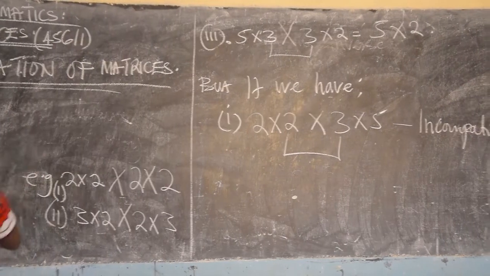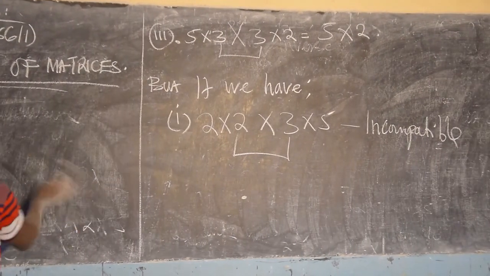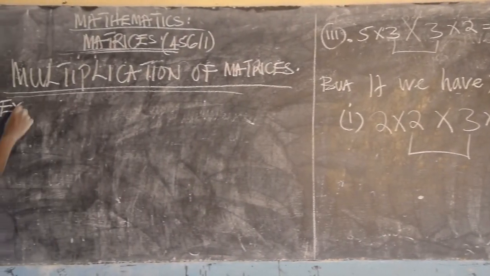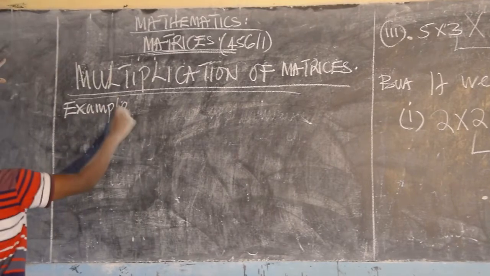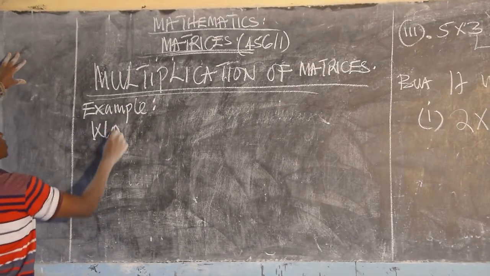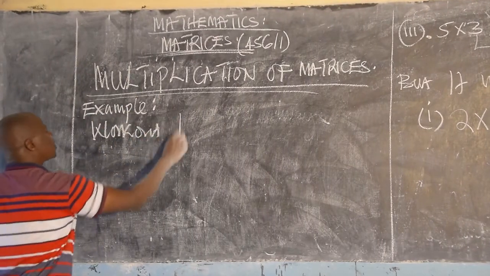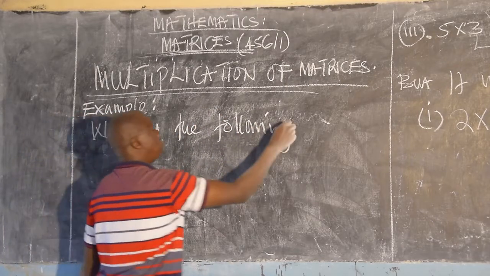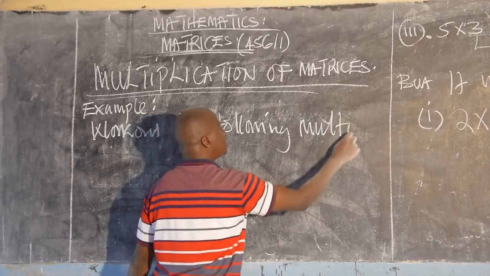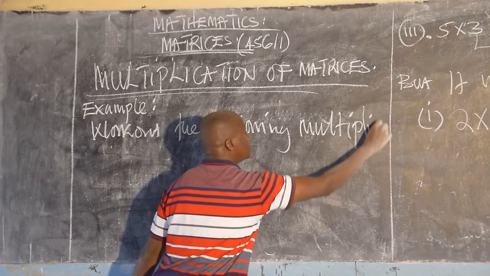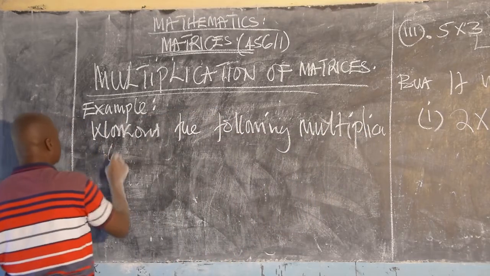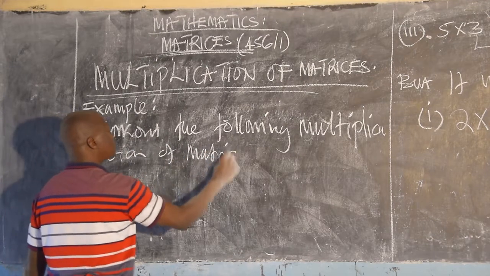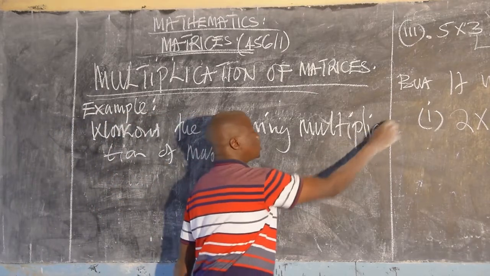Let us have an example here. Work out the following multiplication of matrices.